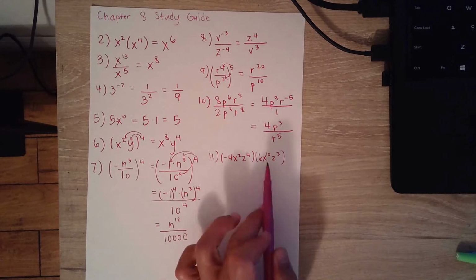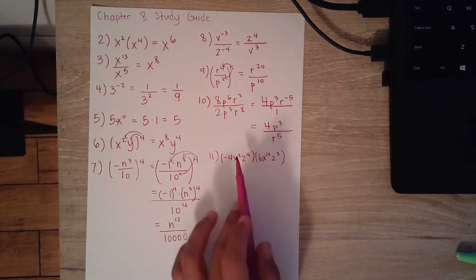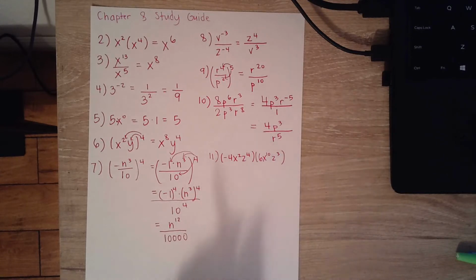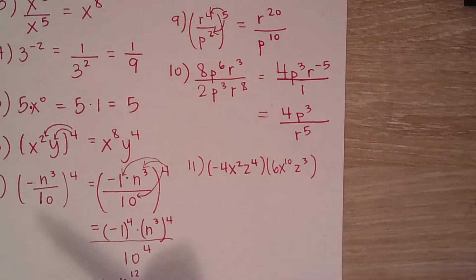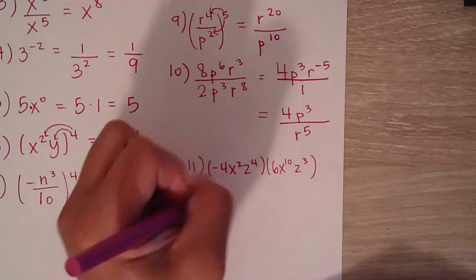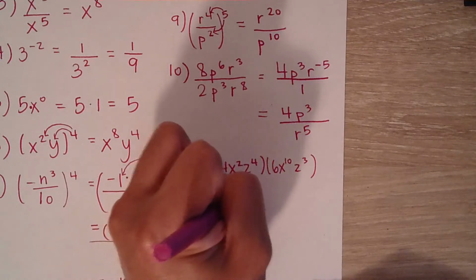All right, question number 11. So we are multiplying all of these together. So first, remember, we think of our numbers first because it's just common convention to write our numbers in front of our letters. So our numbers first, that would just be negative 4 times 6. That gives us negative 24. And then we look at our x's.